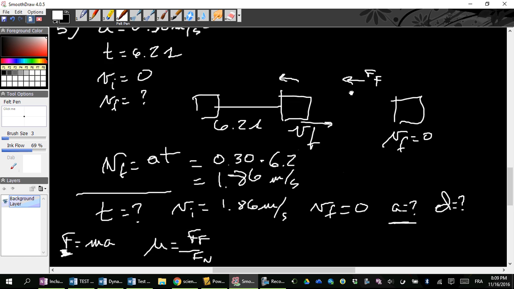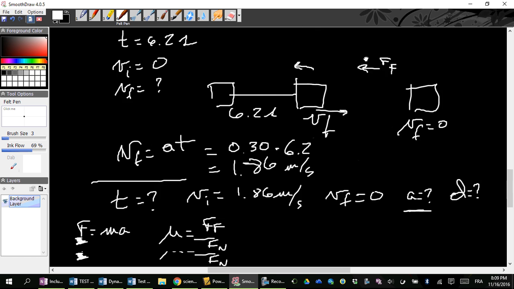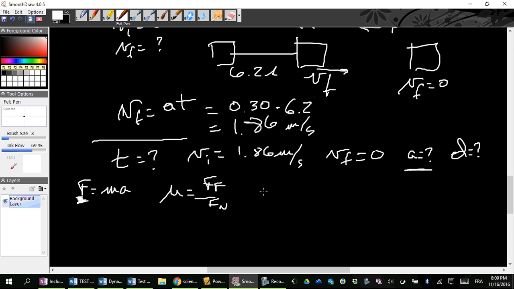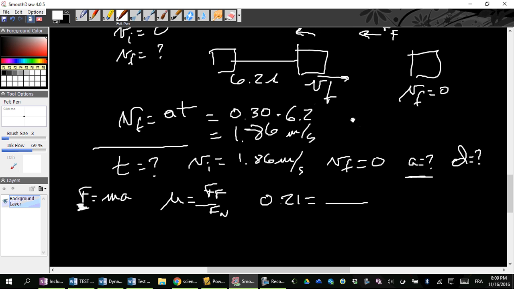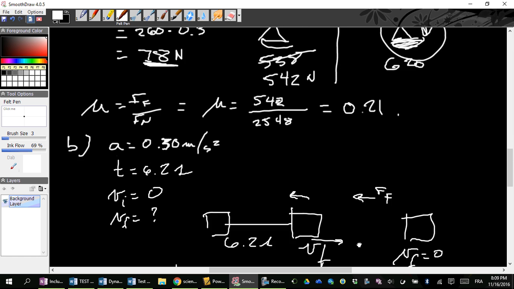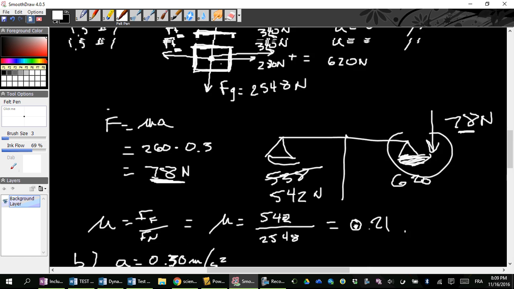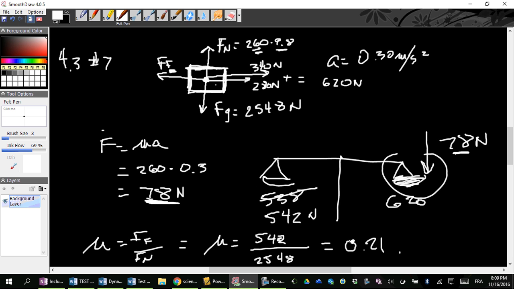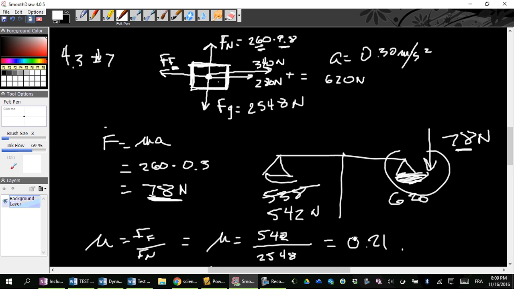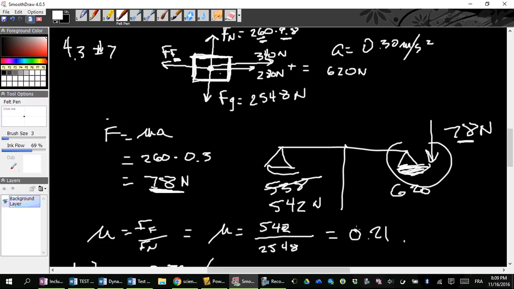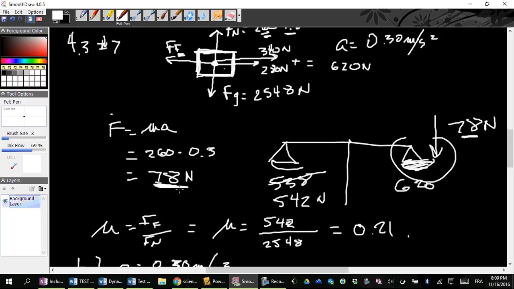What was mu for this piano? 0.21. So 0.21 equals. Oh, do we know everything already? FF. Oh, it's the same things. It's this, folks. It's 542.